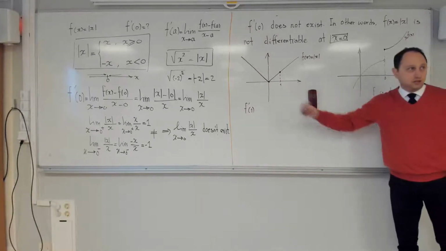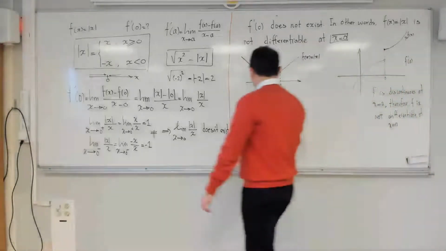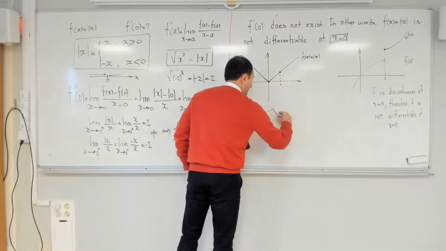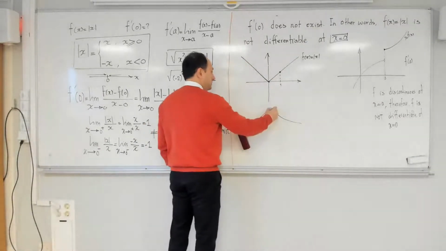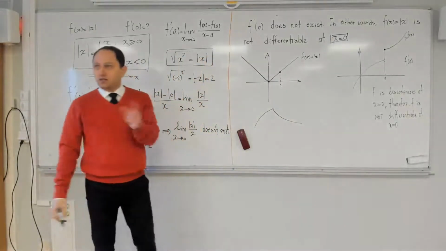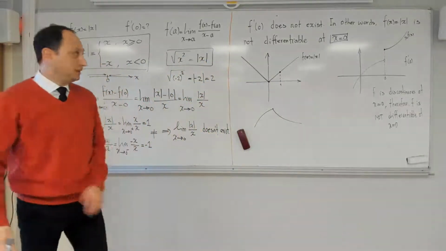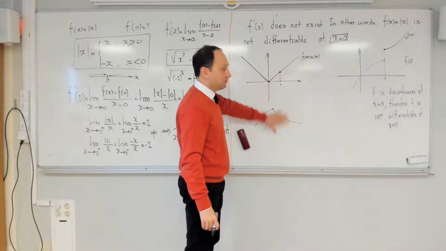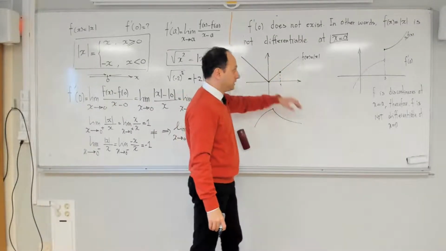The first category are sharp points. If I want to draw another type of sharp point, this is also a sharp point. So any point that is intuitively a sharp point, the function is not differentiable there. You need to remember it.